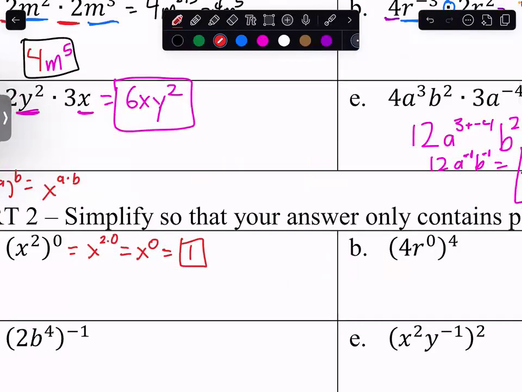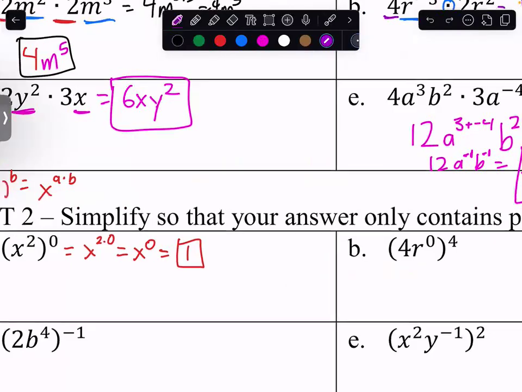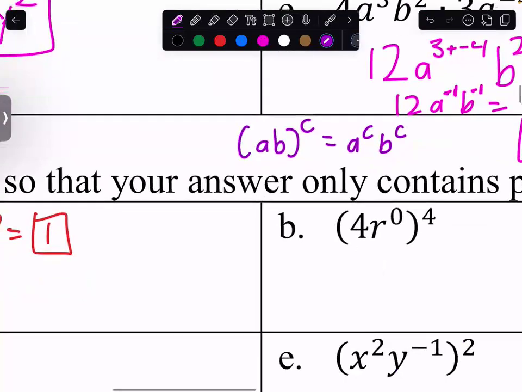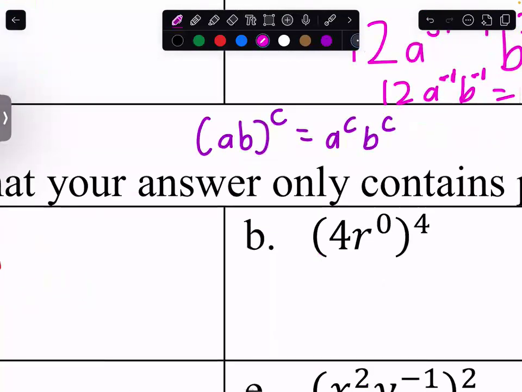Now for letter B, you've got 4r to the 0th all to the power 4. Another thing you should know is that when you have multiple things inside of parentheses all affected by an exponent, both parts get affected by the exponent. So the outer 4 affects both the inner 4 and the r to the power of 0.